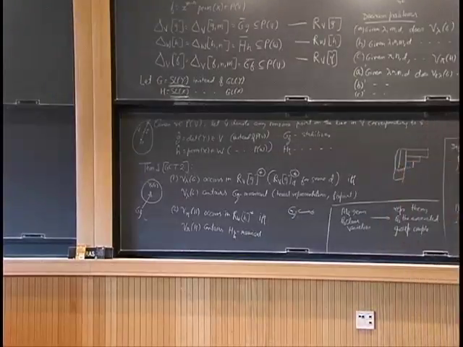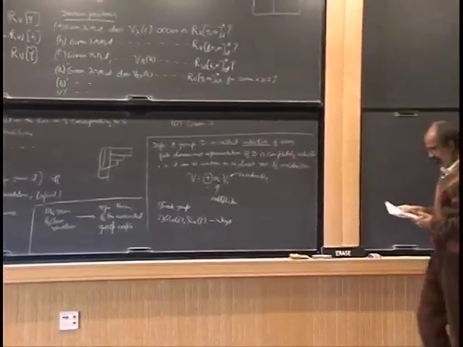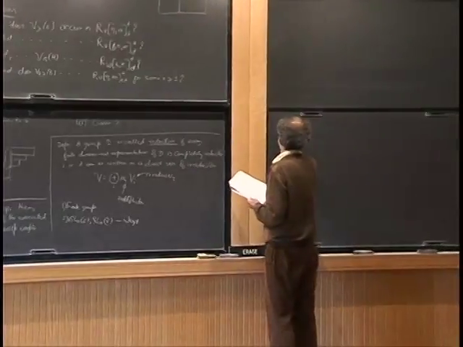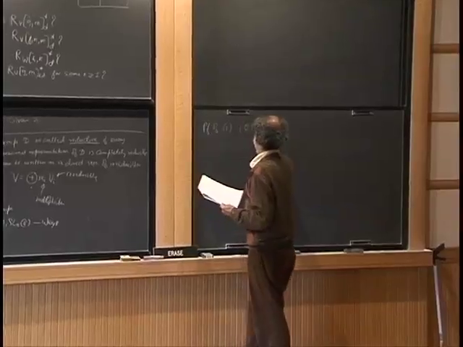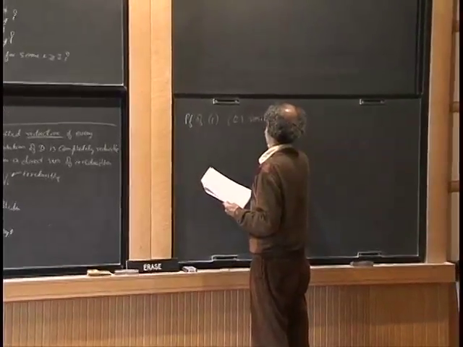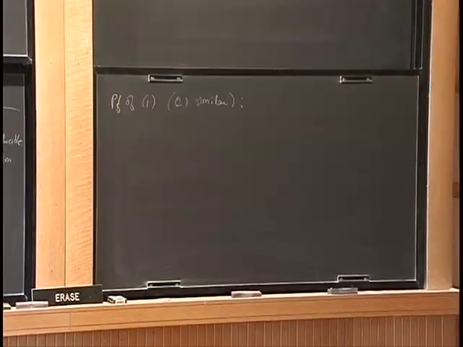Okay, so let's get into the proof of this theorem. The proof of 1 and 2 is going to be similar, so we are just going to worry about the proof of 1. First let's take the trivial part.